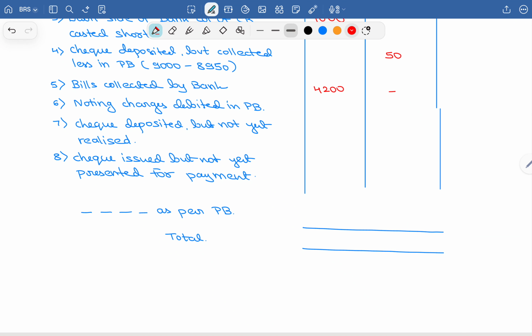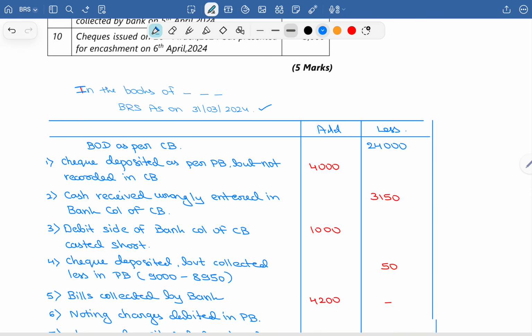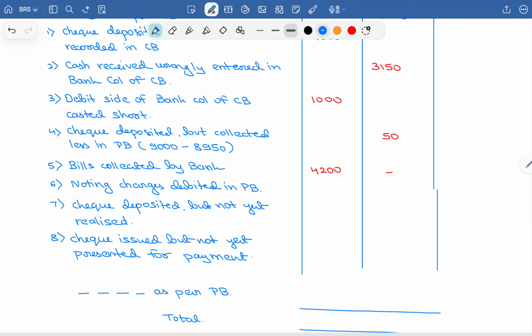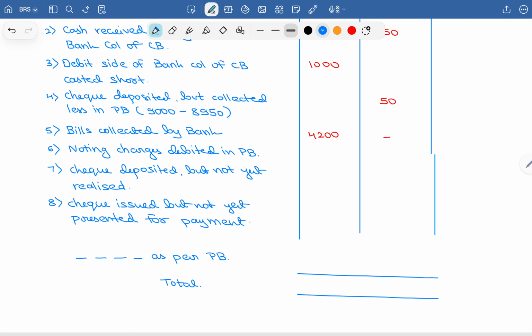Here I have missed that adjustment. Let me write it. Adjustment number 7. Bank charges recorded twice in cash book. So add column 40.